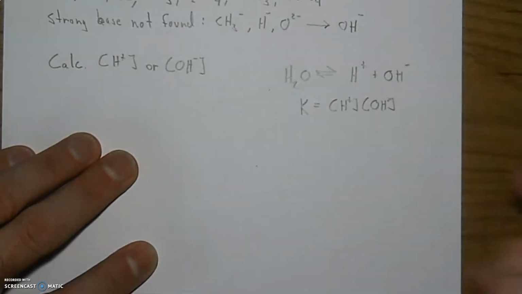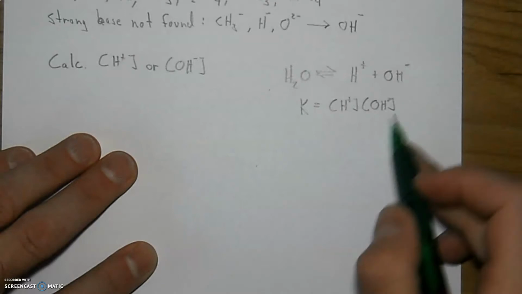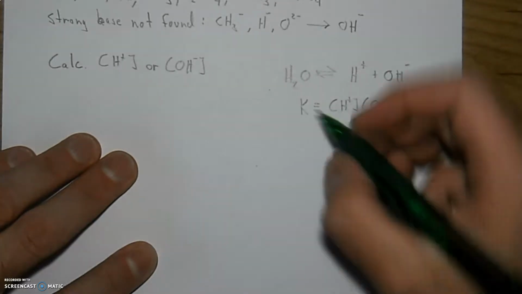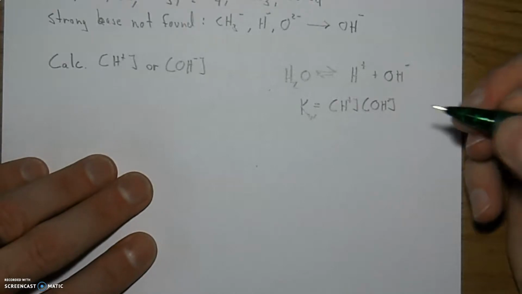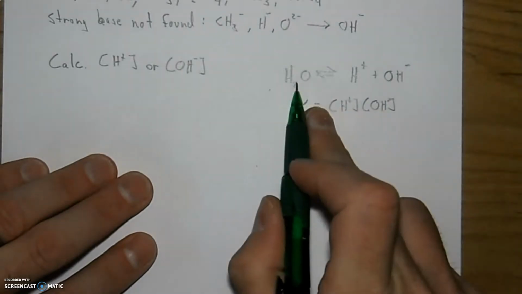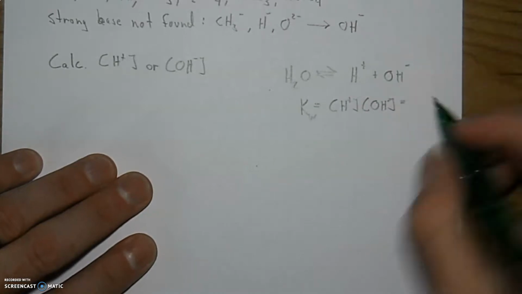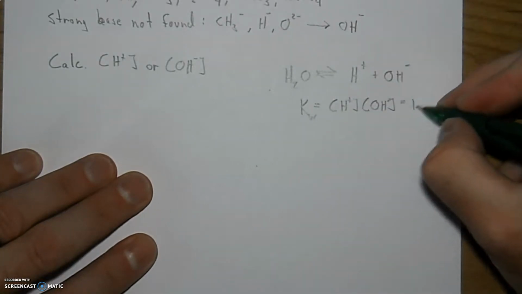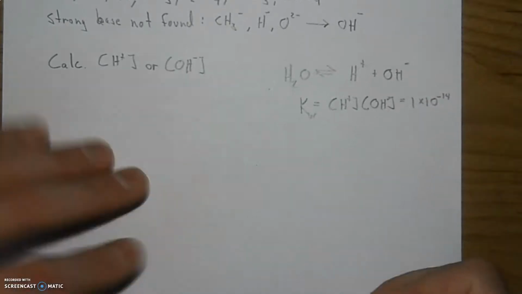It's not going to change concentration. Now, this is a special K value, and I'm going to write a little w here to signify that. Based in a pure water solution, the value for Kw is 1 times 10 to the negative 14.